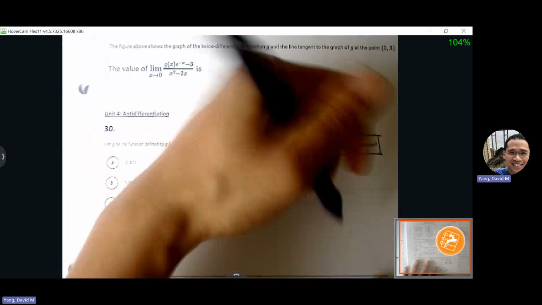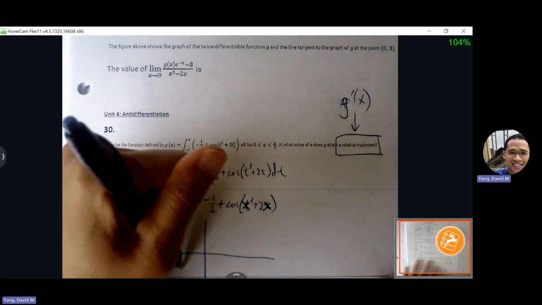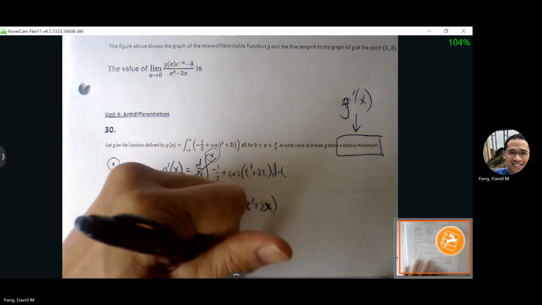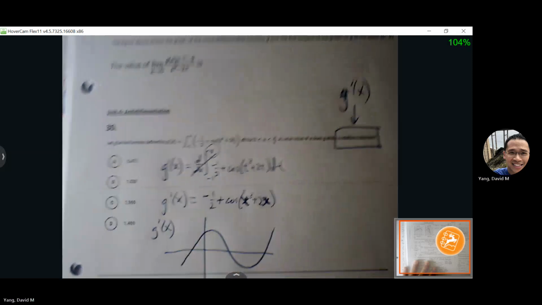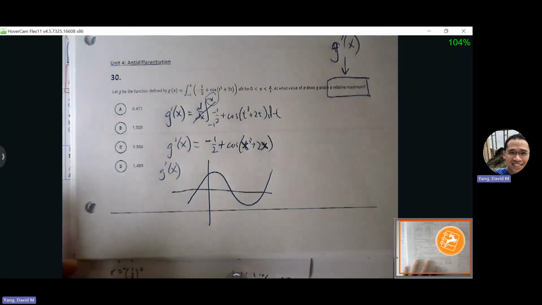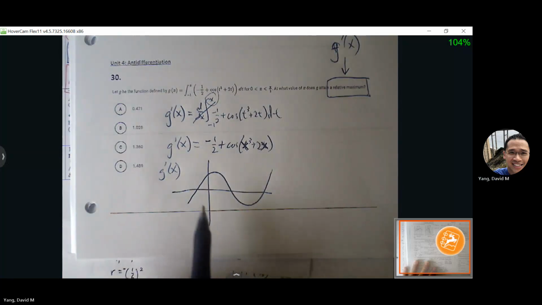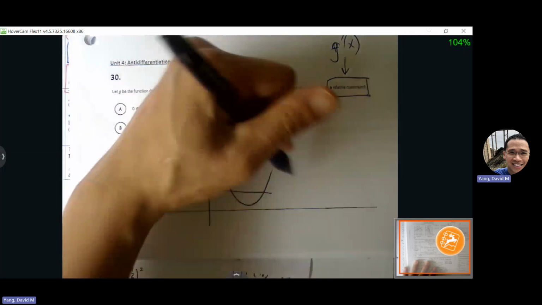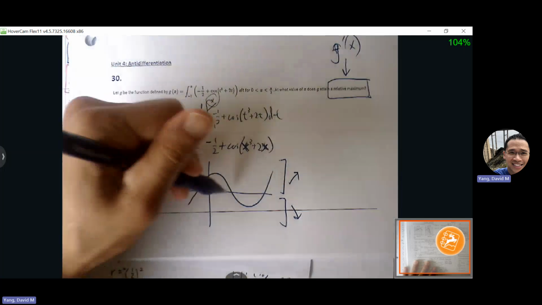Okay, so in our calculator, this is what my g prime looks like. Something like this. I'm just saving time and showing you what it would look like if we were to plug it into the calculator. Now, I want to look for the relative max. So relative max is where my graph is going to change from a positive slope to a negative slope.